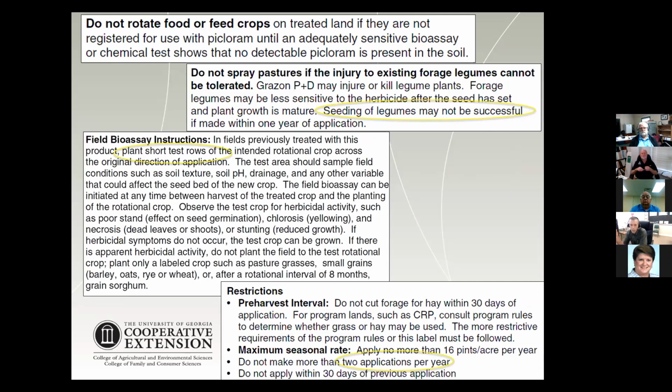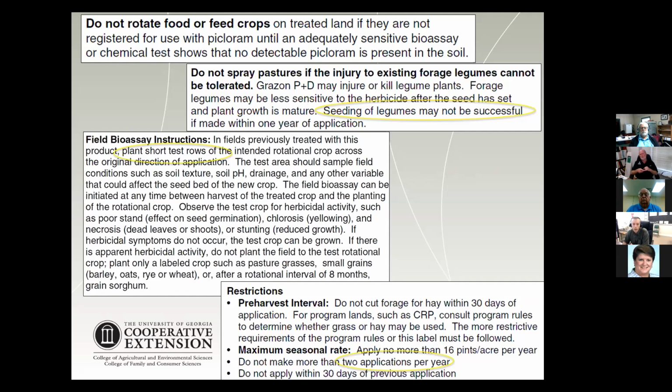So it'll tell you sometimes on the label that you can replant within a certain time frame. So you need to watch those replant intervals very closely and read the label to see when and if you can reseed or overseed with clover or whatever broadleaf crop you want to go back in there with.